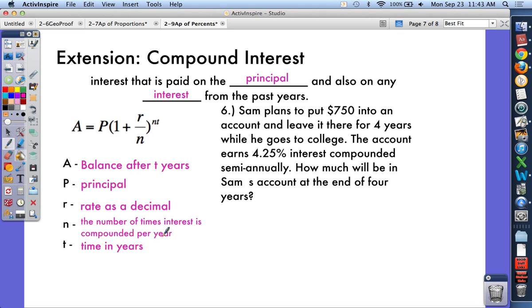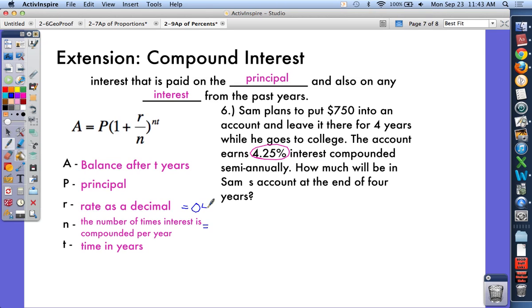So let's read this problem. Sam plans to put $750 into an account and leave it there for 4 years while he goes to college. The account earns 4.25% interest compounded semi-annually. How much will Sam's account be? So here we have the 4.25. That's not going to be your n, that's going to be your r, but as a decimal.